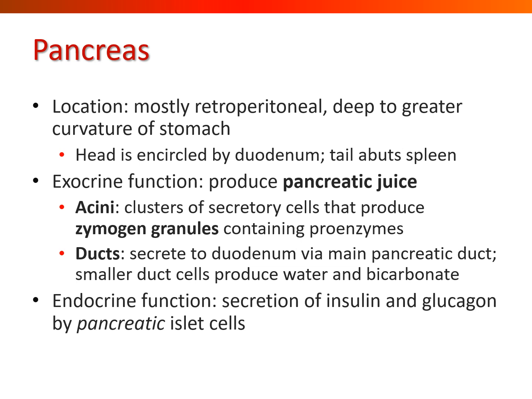Some of the duct cells are going to produce water and bicarbonate because we need to neutralize that strong acid coming in from the stomach. And we know that the pancreas does an endocrine function, and that's going to involve insulin and glucagon and the management of blood sugars.